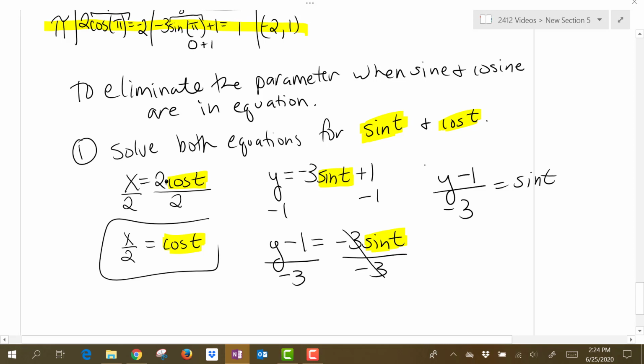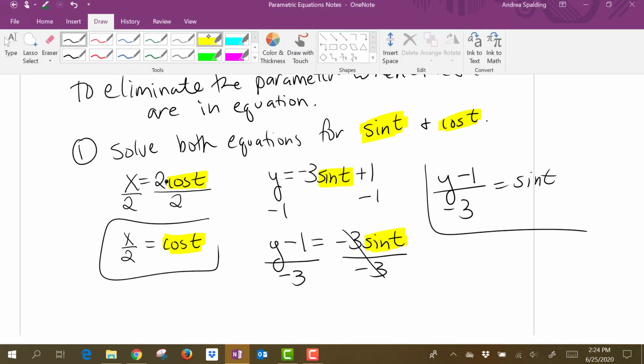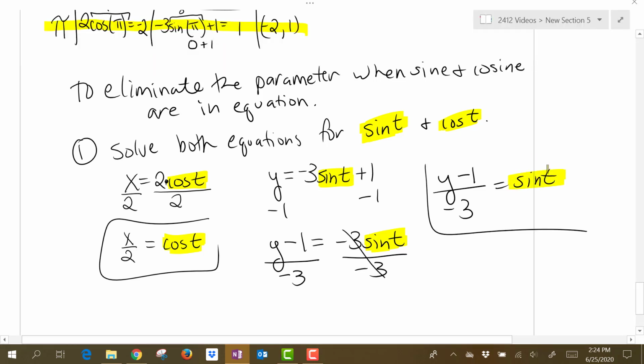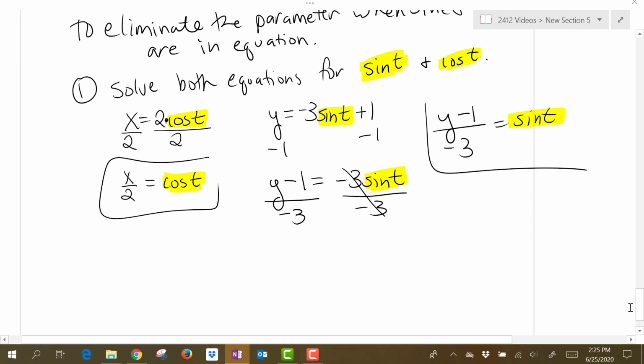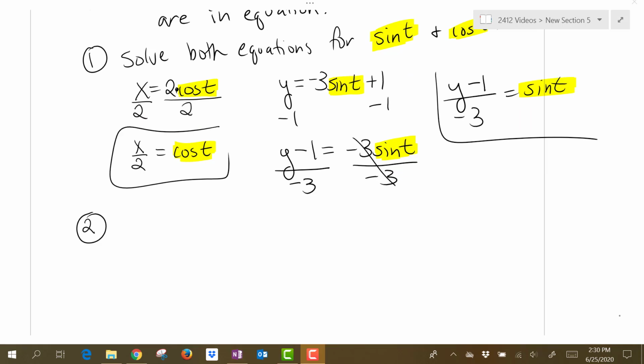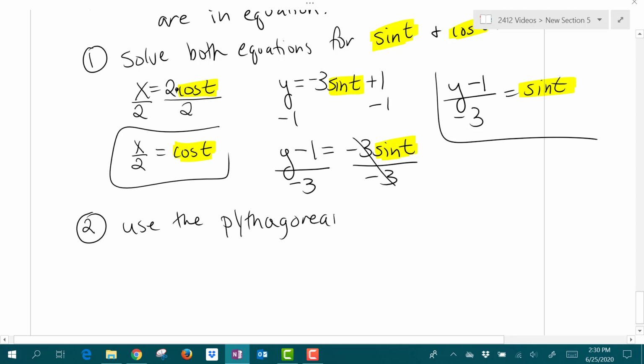So I'm going to use this and I'm going to use this. Now that's not our final answer yet, because remember we have to get an equation that involves x and y but eliminates the parameter t. So how do we do that? This seems like we're kind of stuck. Alright, step 2, we are going to use the Pythagorean identity.